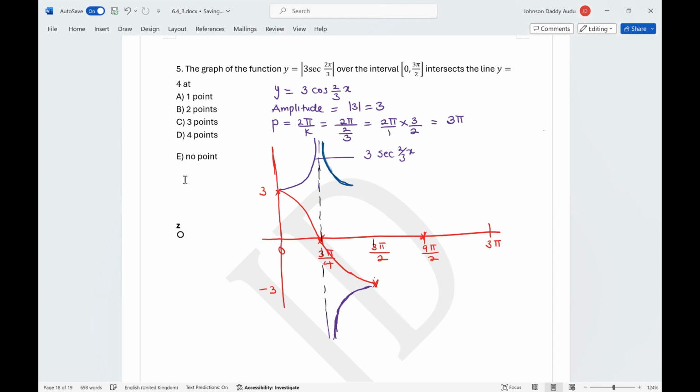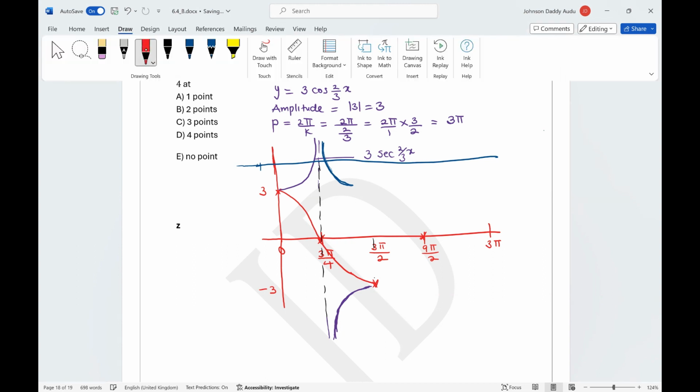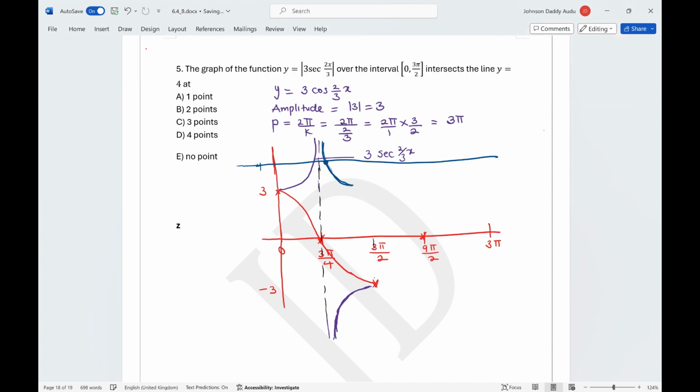Where's the line y equals 4? It's going to be somewhere here. So if you draw the line, it's going to cut the graph at just 2 points. This point, this point. So the right answer is B.